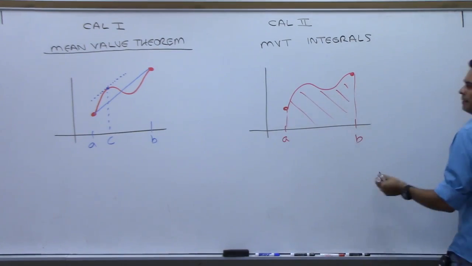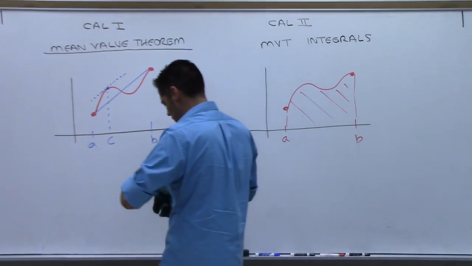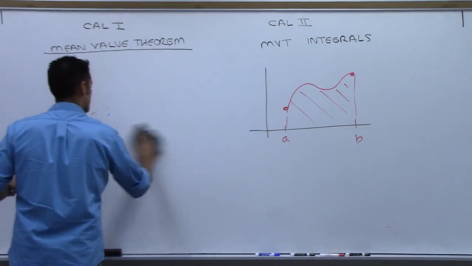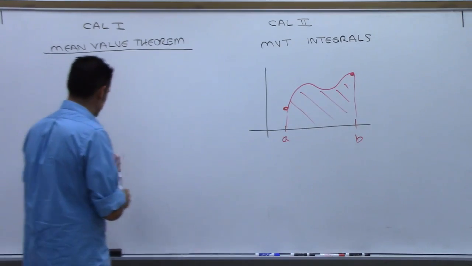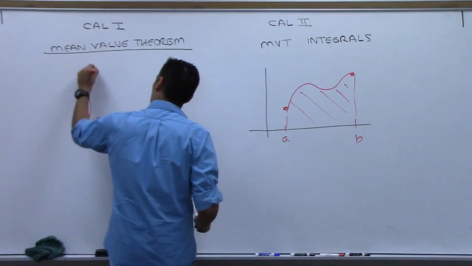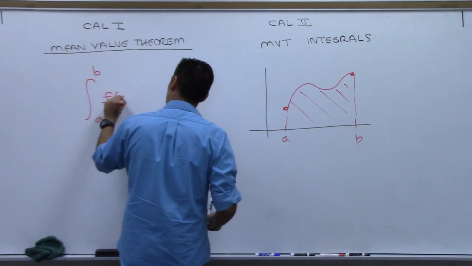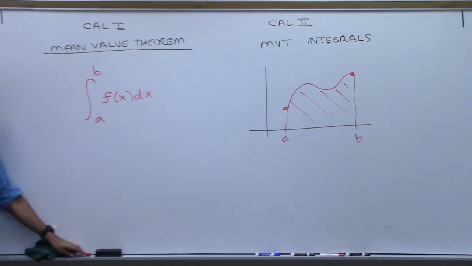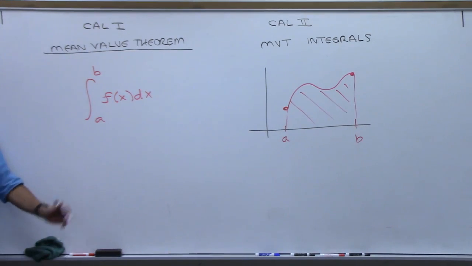That area would be the integral from A to B of f of x dx. That's the area of the red.